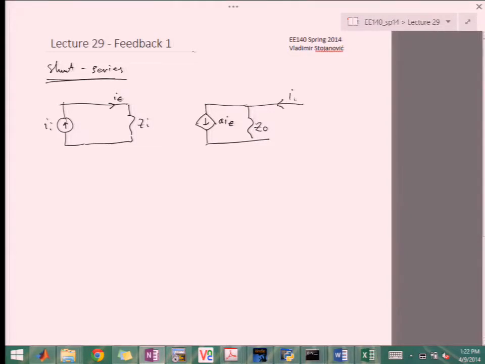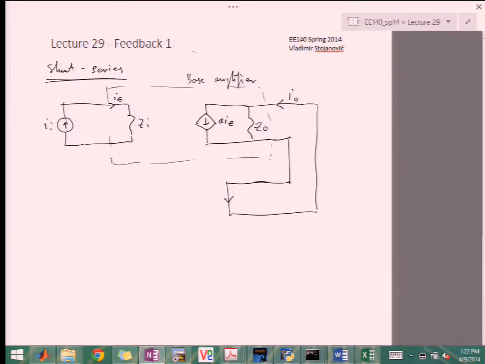And then this is the output current, so again, this is our base amplifier. And then from here, we tie the network. At the output, we're sensing in series. So I0 flows this way. And then we're shunting over here. My drawing is not the best.